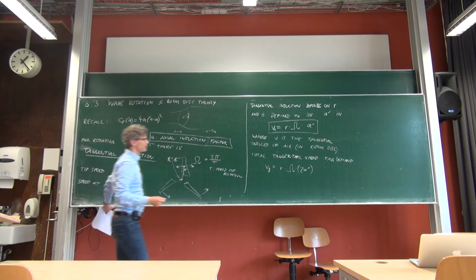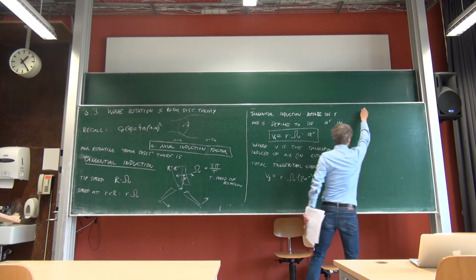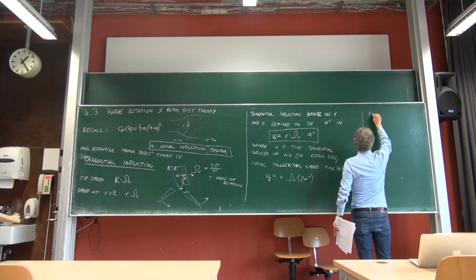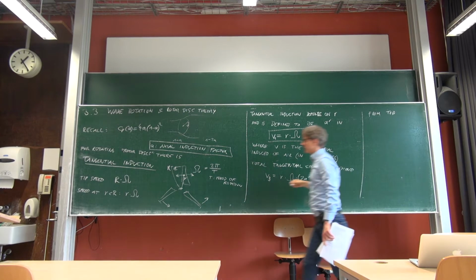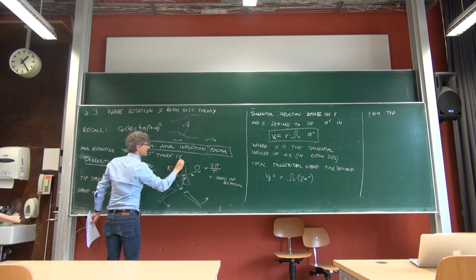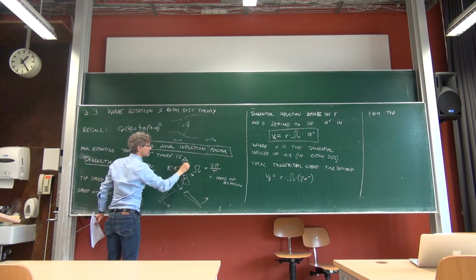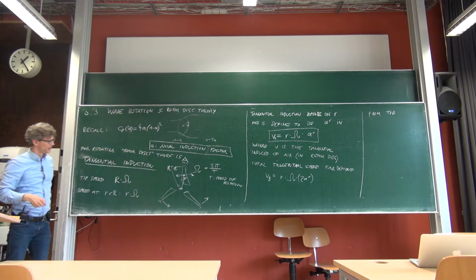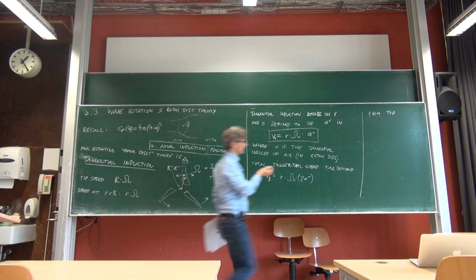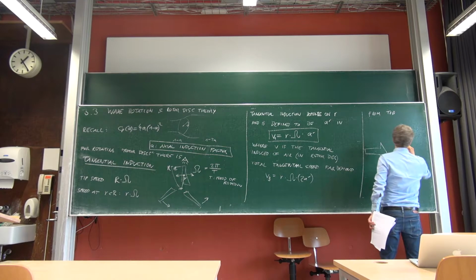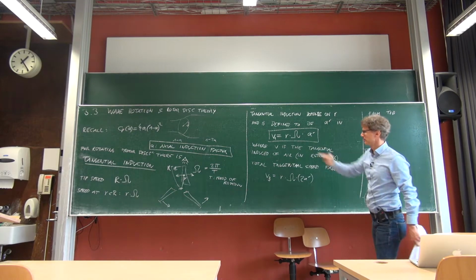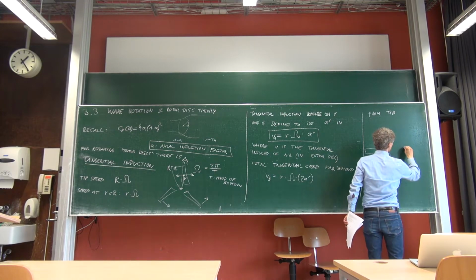So if I look at it from the top, let me just look at it from the top, so that I make my picture clear. So I look now here. Here's my eye. So I look in this direction here, from the top. And then what will I see? I will see, let's say the main wind comes from this direction. And then I have my blade, it's rotating in that direction. So this is my blade.